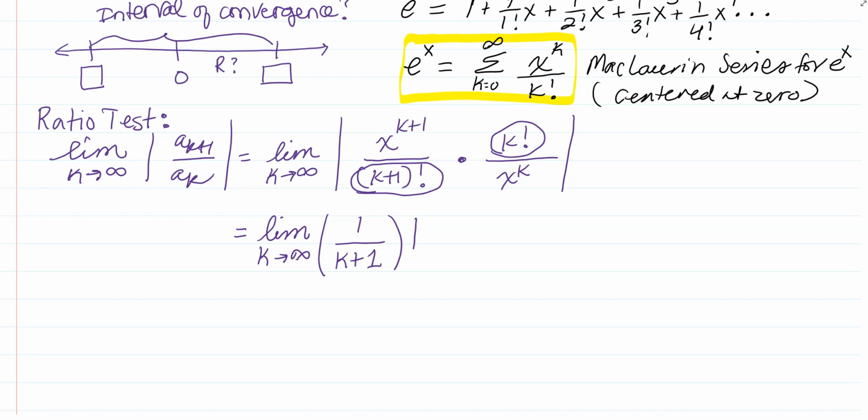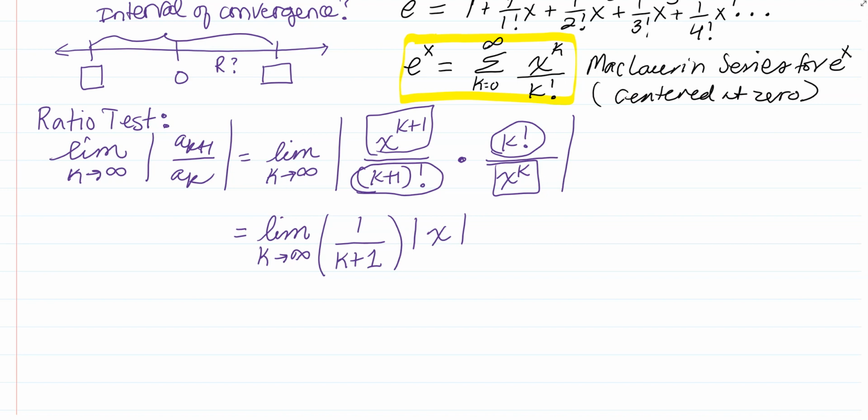However, the x here, I need the absolute value on that x. There are k plus 1 copies in the numerator, and there are k copies in the denominator. So k copies will cancel. That leaves us with 1 left in the numerator.